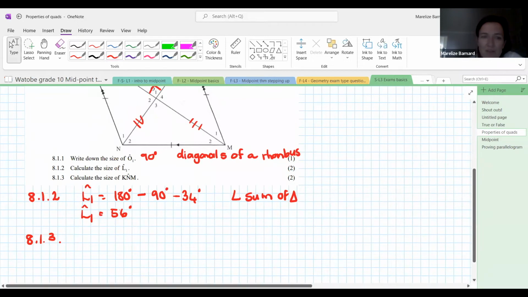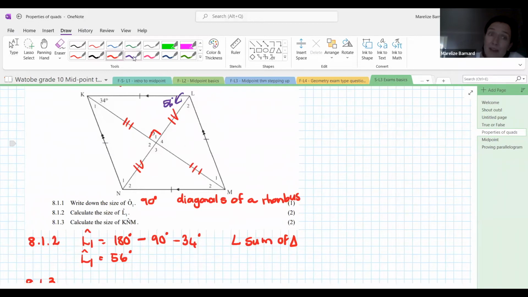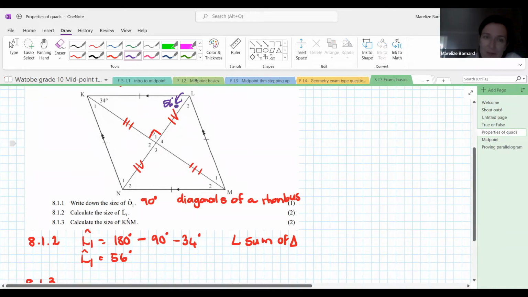Calculate the size of K in M. So we are working with the angles of this quadrilateral, which is a rhombus. The diagonals of a rhombus bisect the angles. Tiama, you must speak.